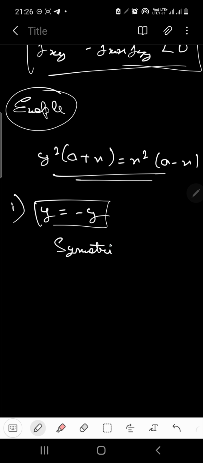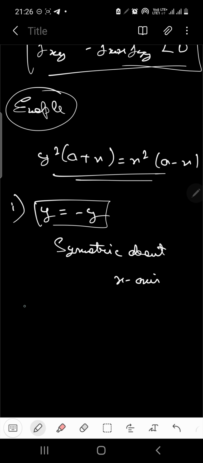So you can see that putting y equals minus y, the curve is not at all changed. So this becomes symmetric about the x-axis. Clear? Now we need to check what are the points at which it intersects the y-axis and the x-axis.